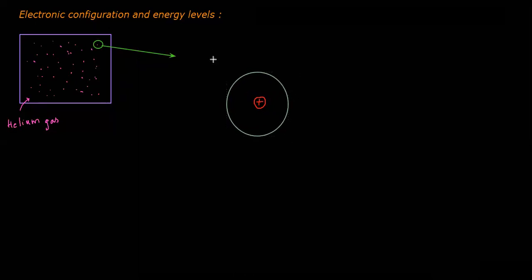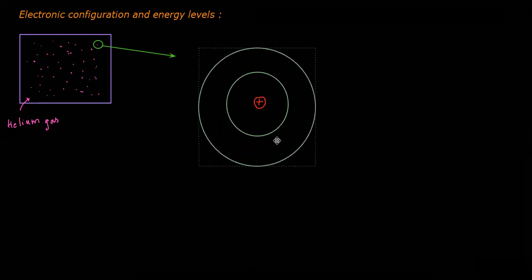Here, for simplicity, I'm just introducing two electronic orbits. So these are nothing but the orbits. This is called an orbit.